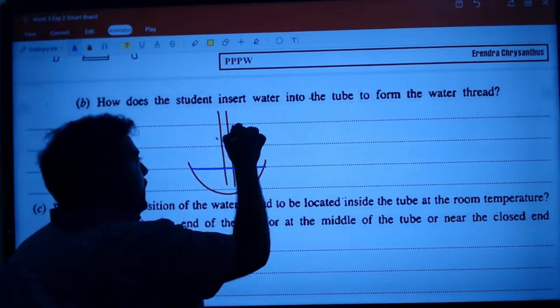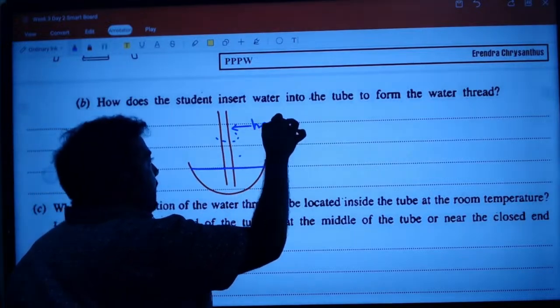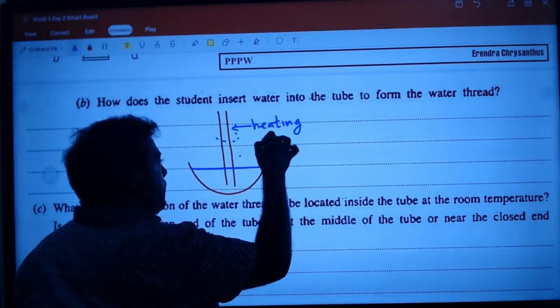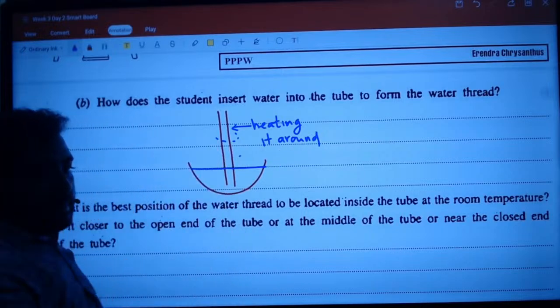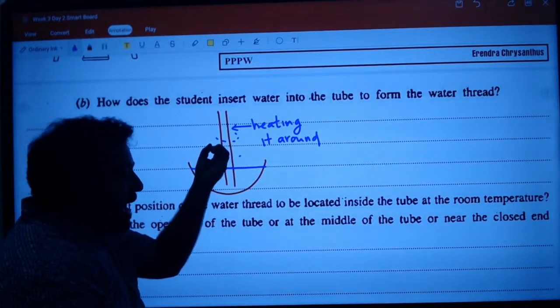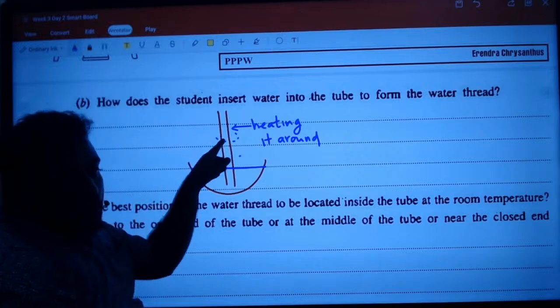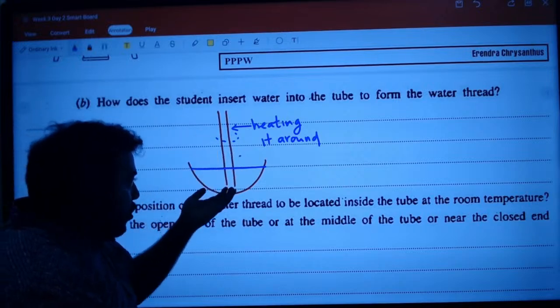So you heat it around. Once you heat around, the air will heat, expand and go out. Low pressure created. High pressure, low pressure, there's going to be a push.